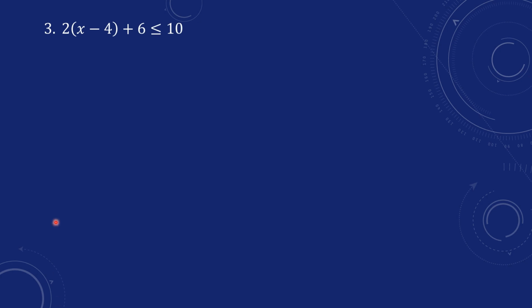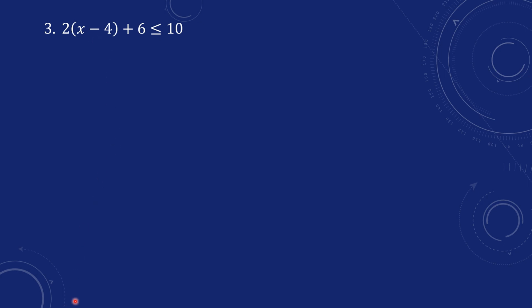Example number 3. 2 times the quantity x minus 4 plus 6 is less than or equal to 10. To solve this inequality, we must first use the distributive property of multiplication. We are going to multiply 2 by x and then by negative 4.